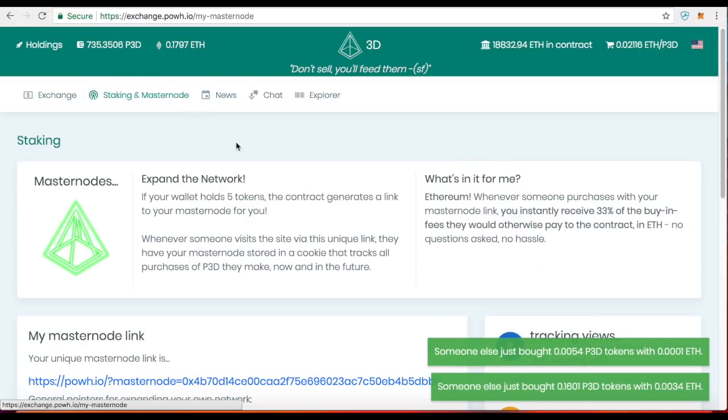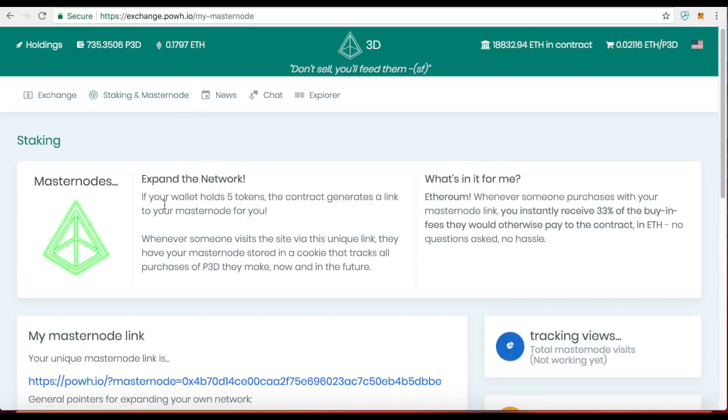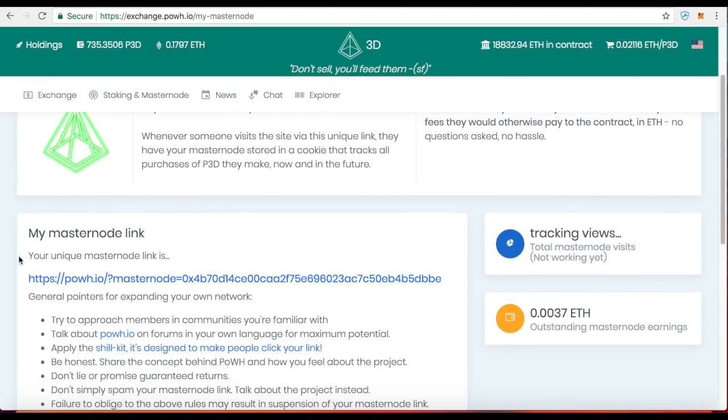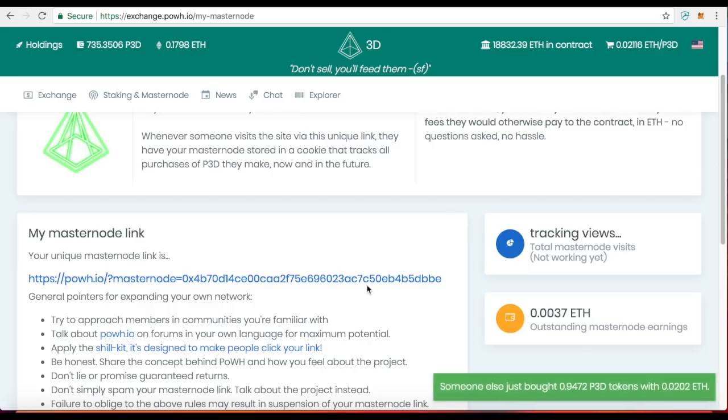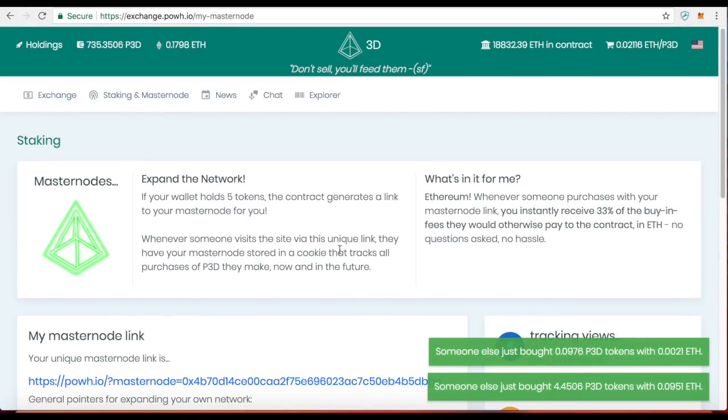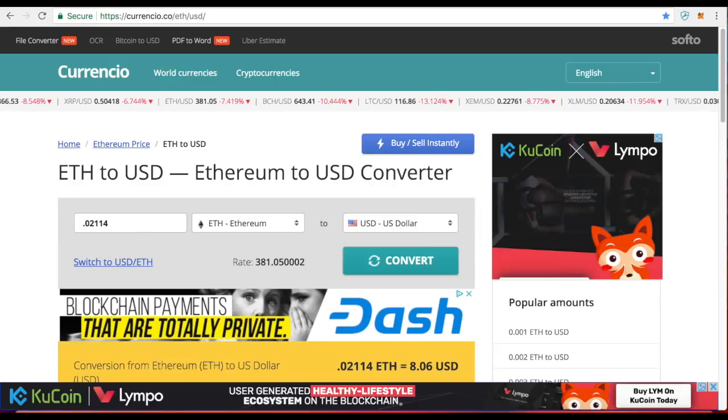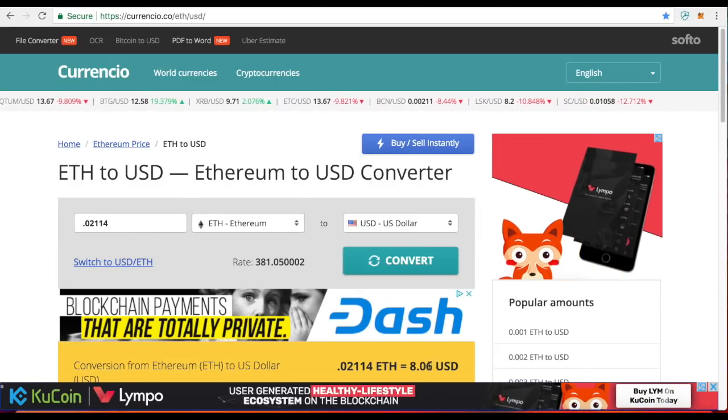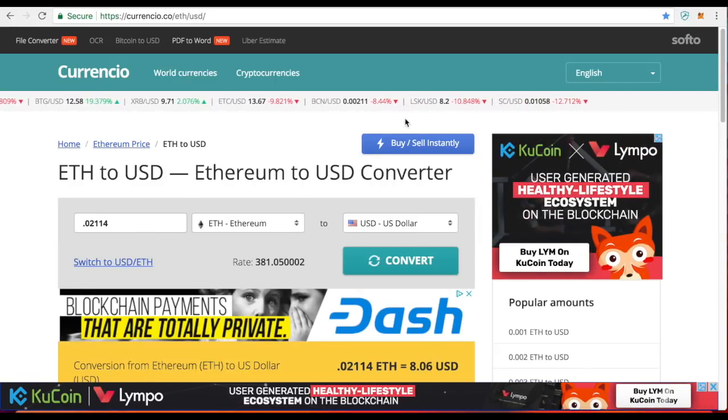Let's go to staking and masternode first. If your wallet holds 5 tokens, so in other words, you're staking 5 tokens, the contract generates a link to your masternode for you. Okay, so this is how your masternode link will look like. So based on the price of P3D token right now, it's $8, so 5 would be about $40.